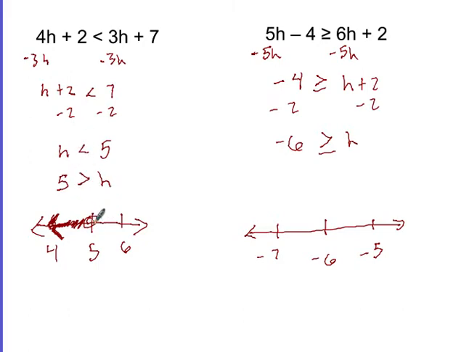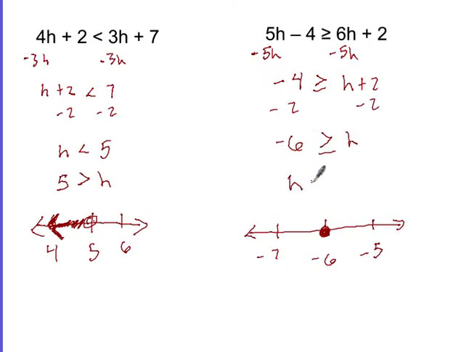Those two are equivalent, and this is still graphed correctly, but sometimes we get in the habit of thinking, oh, this symbol is less than, so I have to mark it to the left. This symbol says greater than, so I have to go to the right, but that's not correct. If I mark it to the right, I'll be wrong on this one. So I need a closed circle, and this really says h is less than negative 6, right?